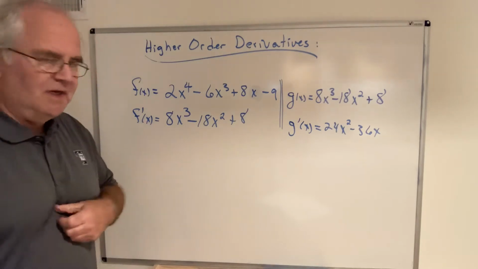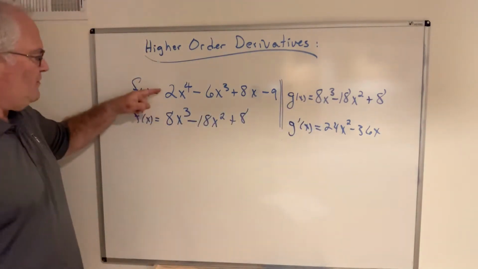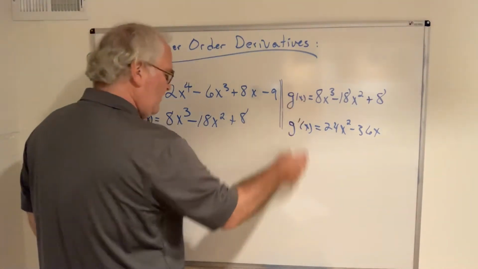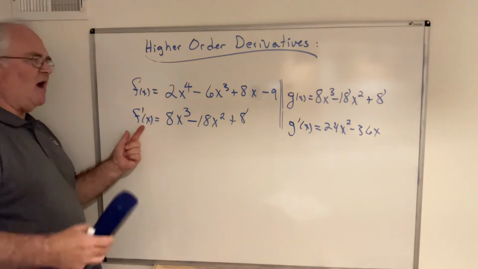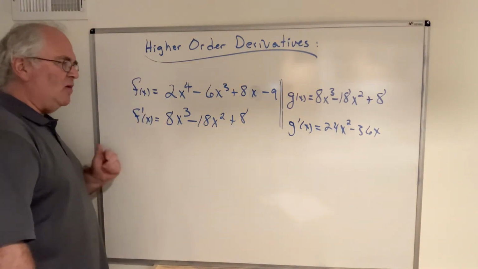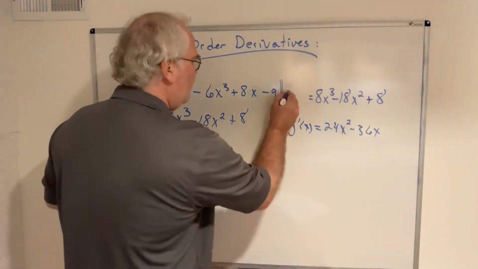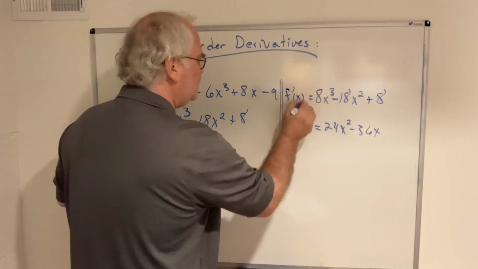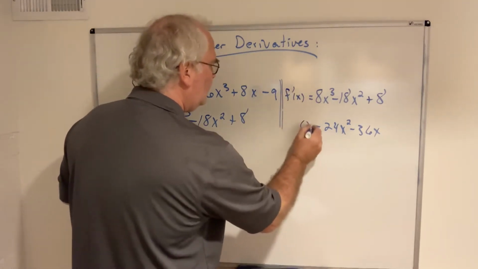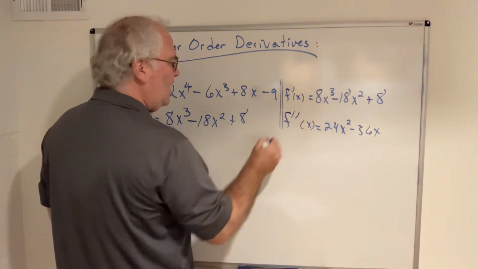But you see what we've actually done? Finding the derivative of this function is the same as finding the derivative of this function, because the symbol g of x and the symbol f prime of x are the same. They represent the same function. So if we wanted to, I could rename this f prime of x, and then this is the derivative of f prime.